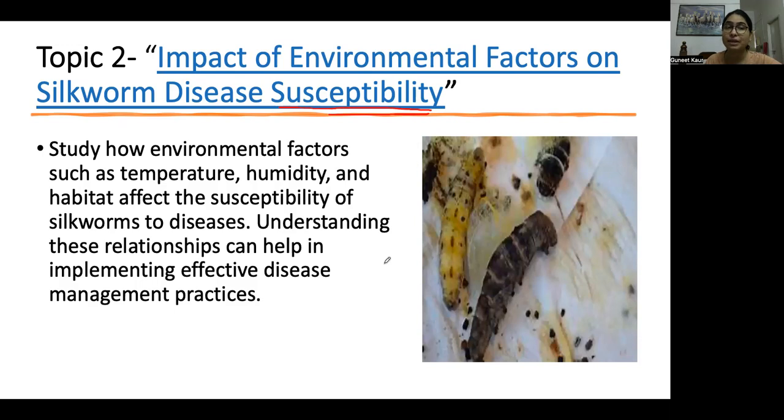So it can help in implementing effective disease management practices, through trial and error, to find which practice is better for their control and for proper breeding of the silkworm. Okay, so this is a very good topic. So topic 2 is impact of environmental factors on silkworm disease susceptibility.